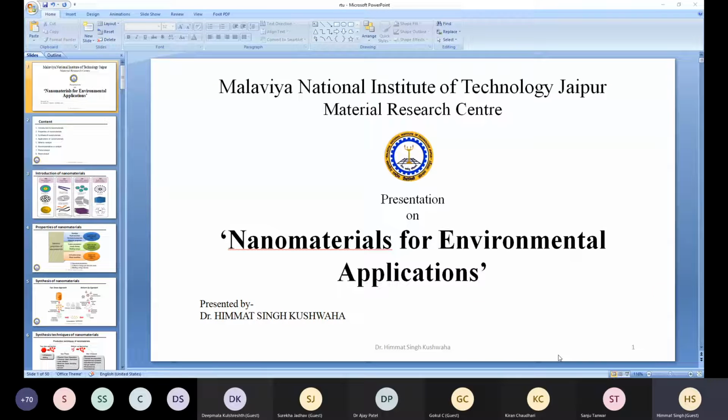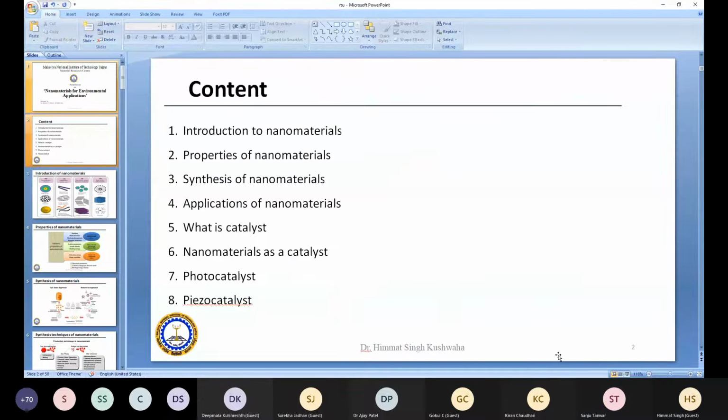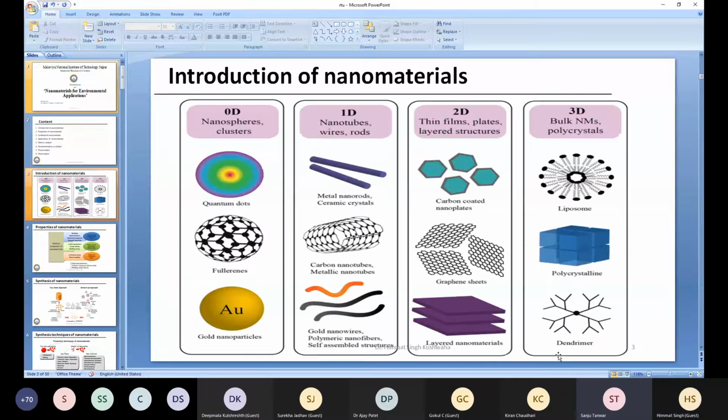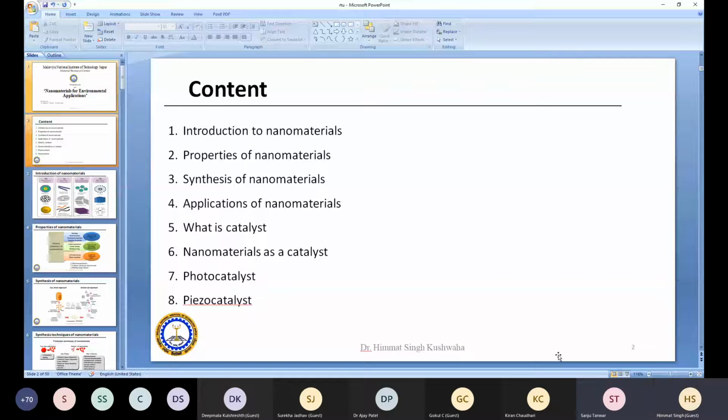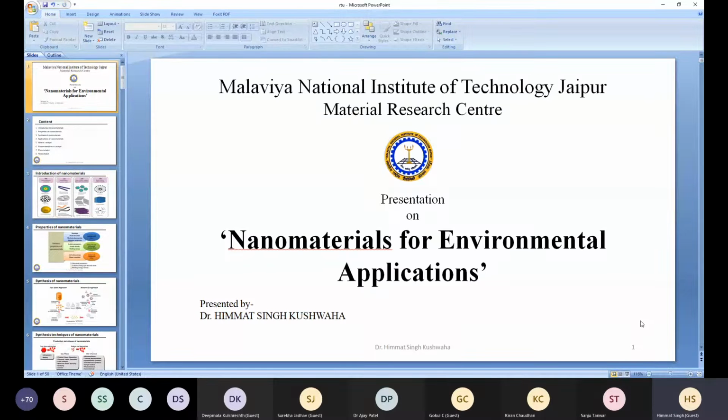Let's do this. Yes, sir. Now it is the second and third slide. Yes, sir. In slideshow mode, it's not changing. Okay. Slides are visible. Can we continue in this mode? Yes, sir.